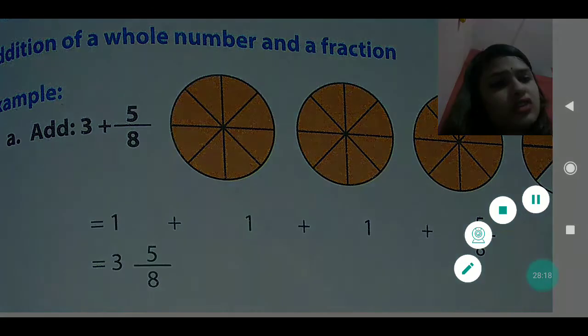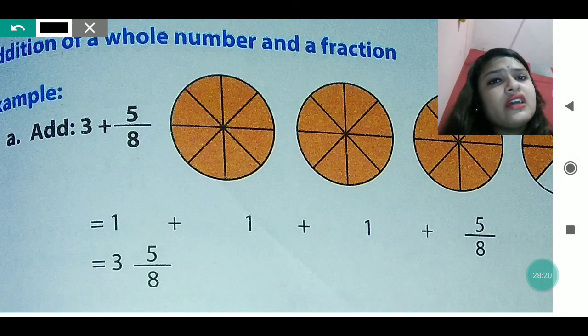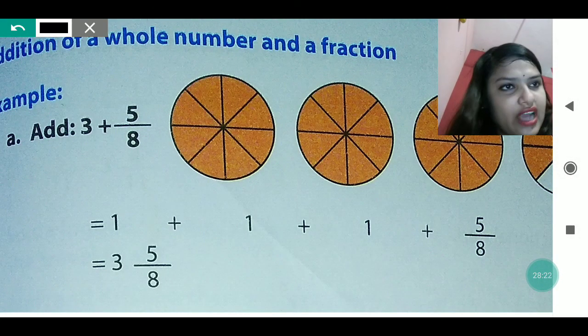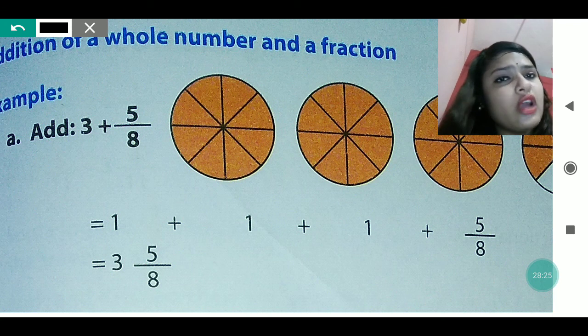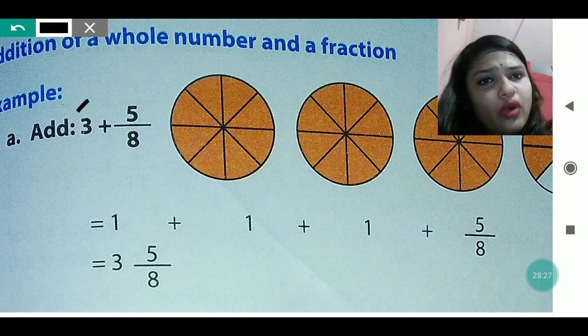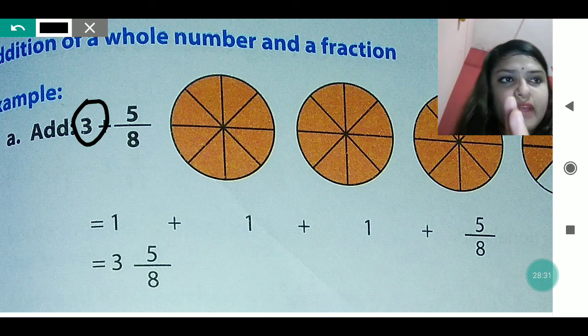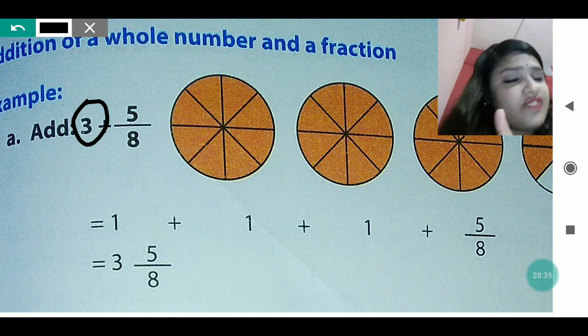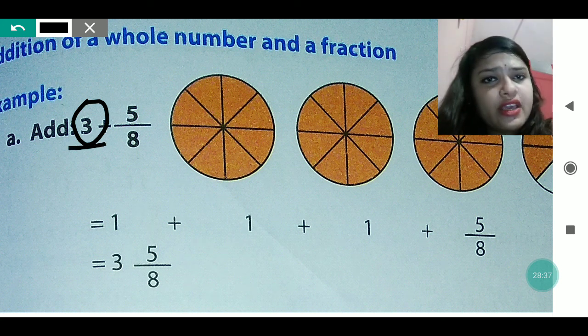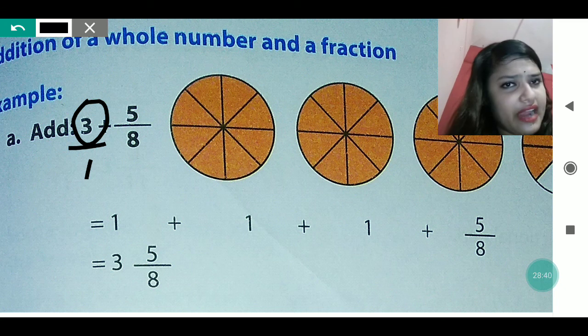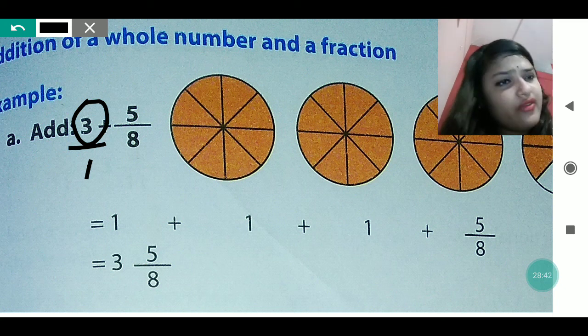These kinds of questions you will also get, where you have to add a whole number and a fraction. Why can you add a whole number? Because every whole number can be expressed as a fractional number. Means 3 upon 1 we can write, and 5 by 8 is already written.